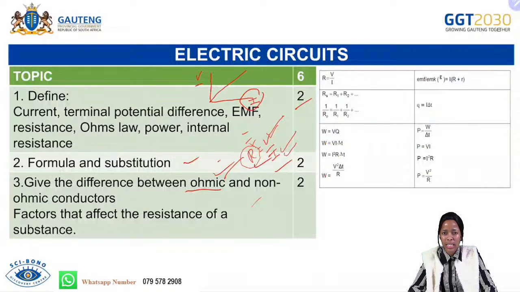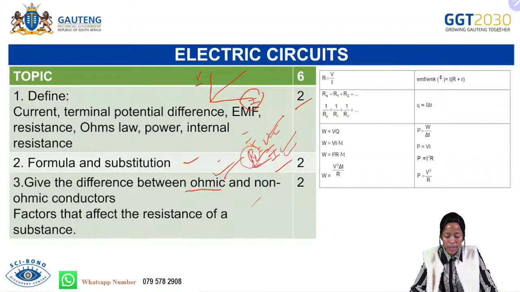So when the question comes in the examination, they're not going to say calculate the gradient. Rather, the question can say calculate the resistance there. If they say calculate the resistance, then you have to go to the graph and calculate the gradient.